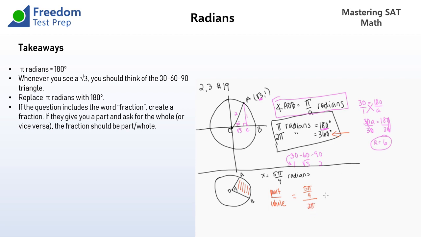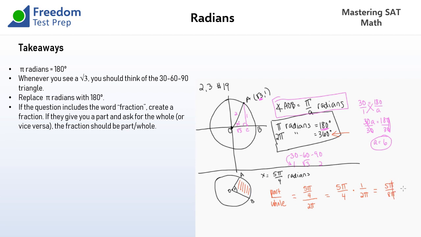The way we deal with that, remember that we cannot divide fractions. We take the reciprocal and multiply. And we get 5 pi over 8 pi.